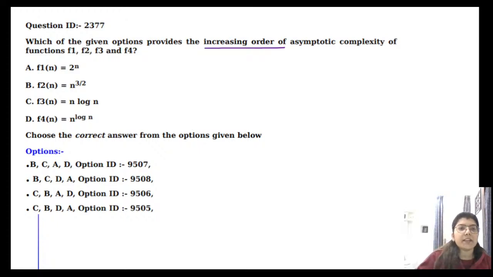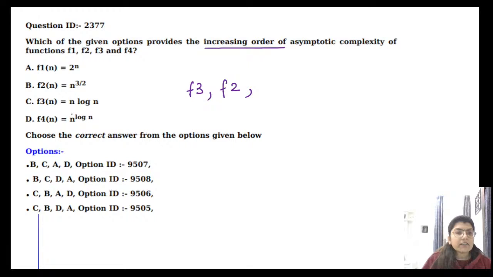So if you see over here, the smallest one is f3, because nothing is in power, so it is simple n log n. ठीक है. उसके बाद we will have either n^(3/2) or n log n. So obviously n log n is smaller because this is a constant power term, and the log n is not in power. So n raised to power 3/2 will come after f3 in increasing power.